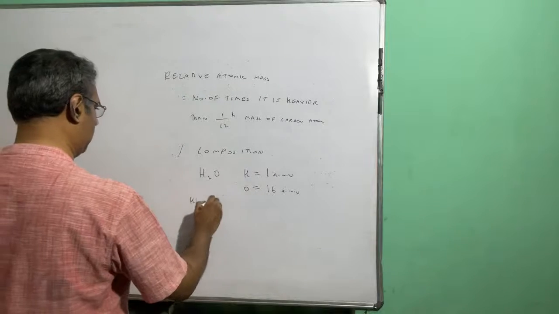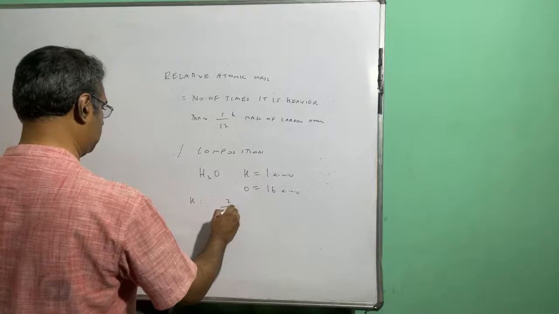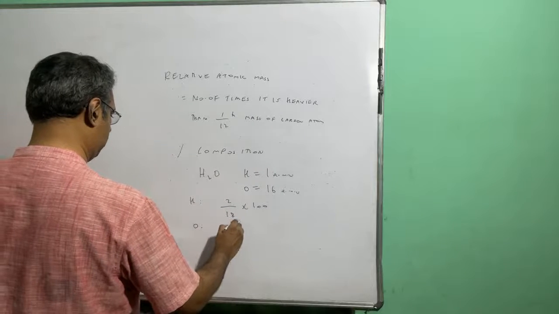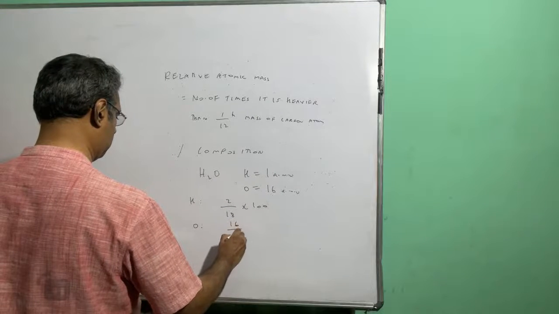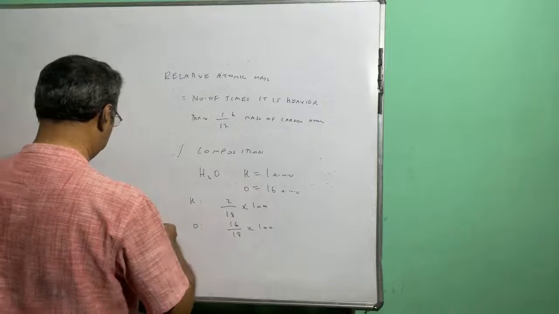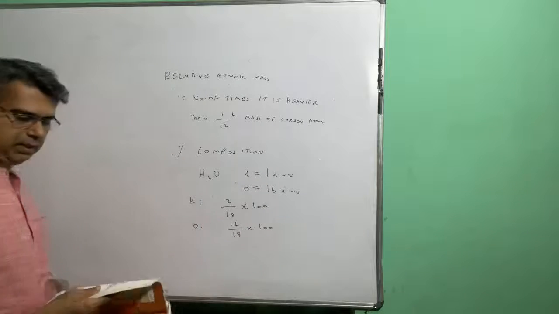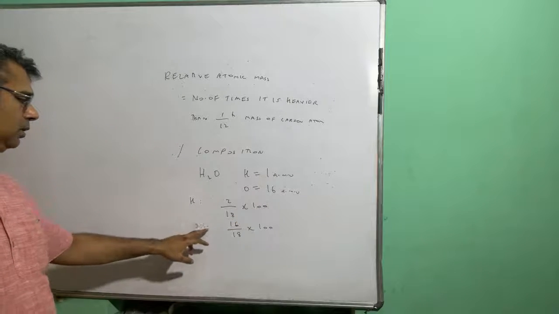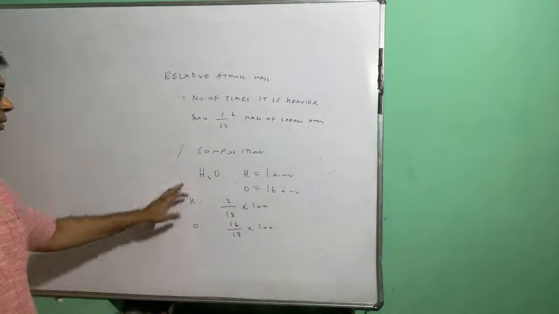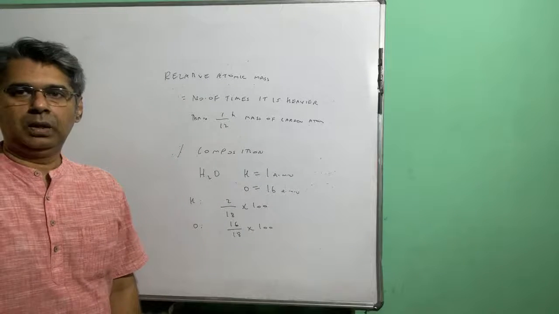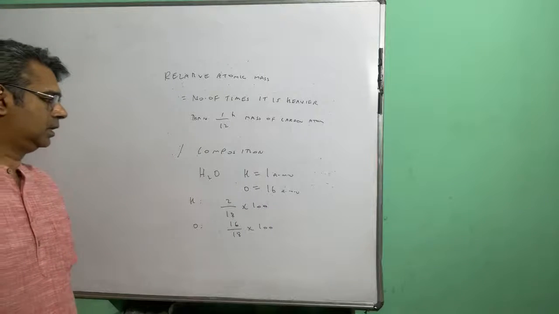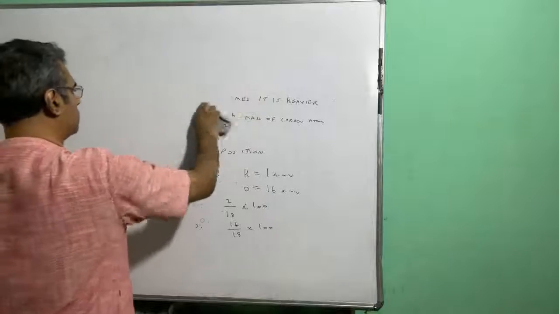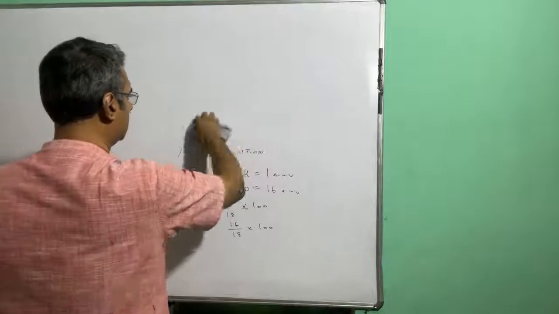So the percentage composition of water: hydrogen, there are 2 of them, so it will be 2/18 into 100, and oxygen there is only 1 of them, so it will be 16/18 into 100. So this is the percentage composition of the water molecule. So this is the topic, percentage composition.